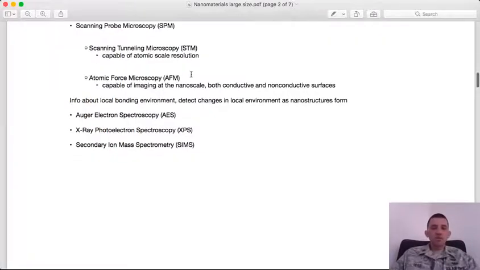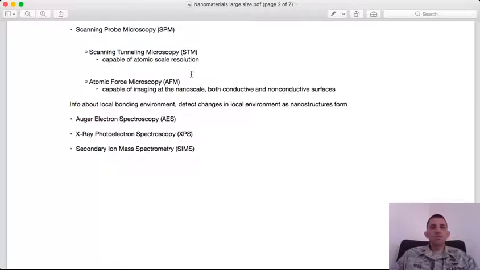Atomic force microscopy is also a probe-based technique, as we talked about. This makes use of a tiny cantilever beam, essentially a small MEMS device. You have a small cantilever beam with a sharp tip on the end, and that beam deflects when it comes in contact with the surface. If your tip is sharp enough, you can image at the nanoscale. This is called atomic force microscopy.